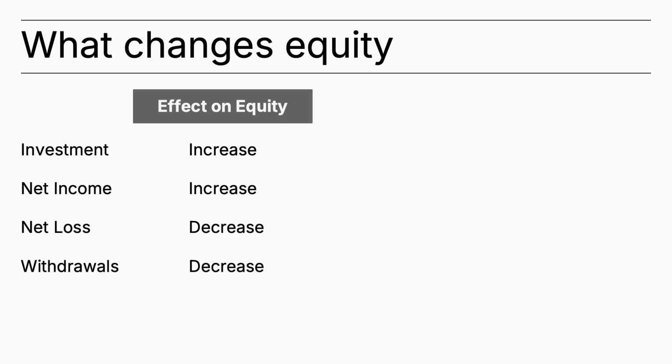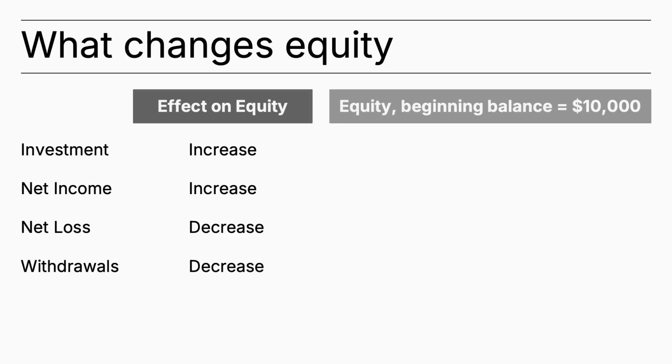Now let's try to run through that with numbers. Let's start with an equity balance of 10,000. This represents the owner's initial claim in the business. Then, the owner invested another 2,000, and the business earns profit of 7,000. However, the owner also withdraws 2,000 for personal use.